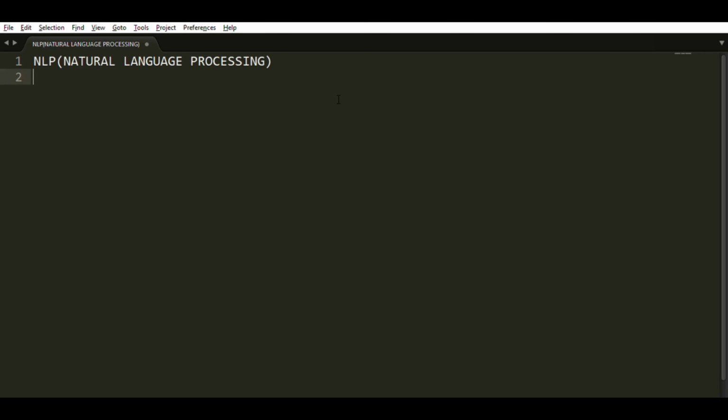Now, it's basically a component of artificial intelligence. Then how does the natural language processing technique work? If we talk about techniques and tools, there are various syntax and semantic analysis, which are the main techniques used for language processing. Syntax is the arrangement of various words.